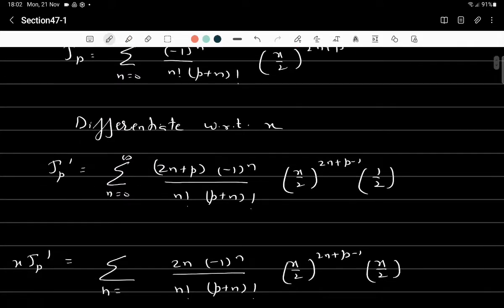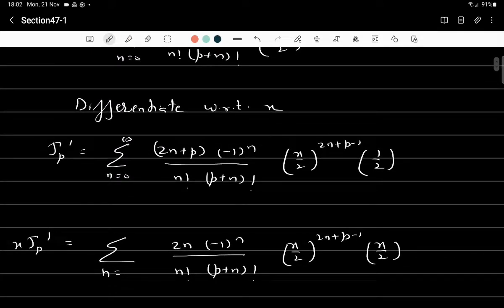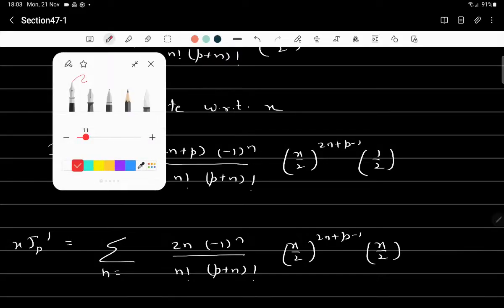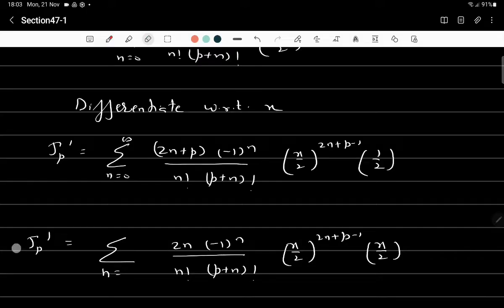So I write it as the summation of 2n times minus 1 raised to the power n, over n factorial (p plus n) factorial, times x by 2 raised to the power 2n plus p minus 1. You can observe that it was 1 by 2 but I multiplied it by x. Let's write it so that I can see the change: x Jp dash.